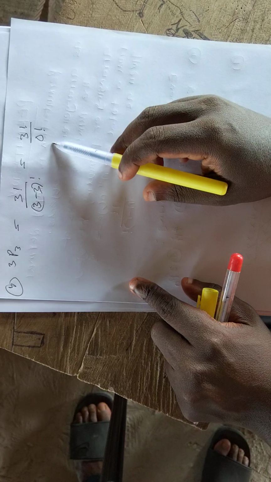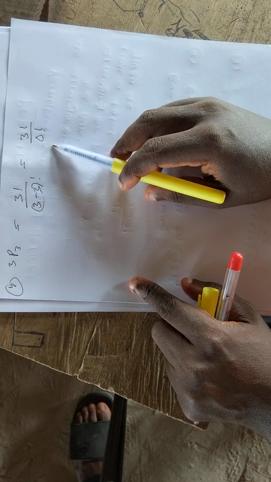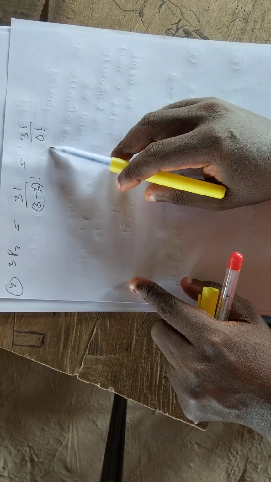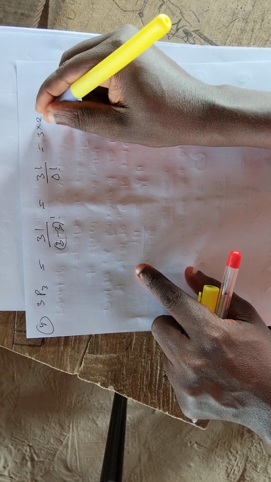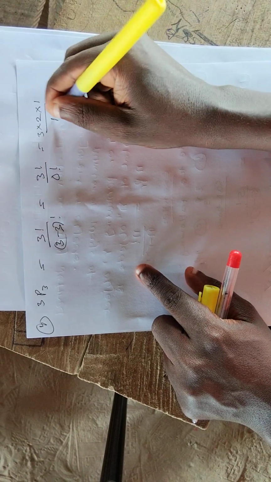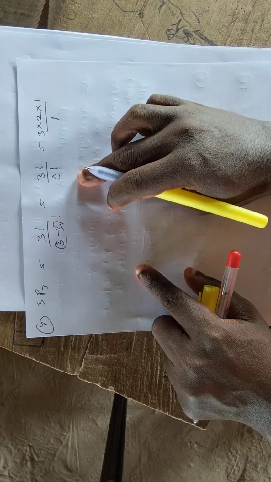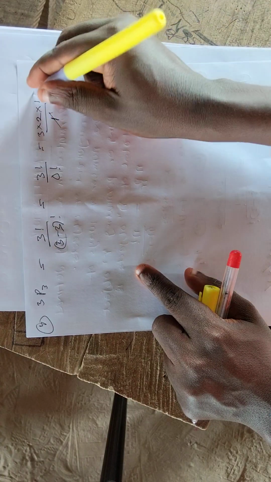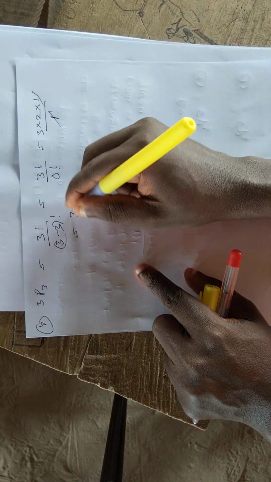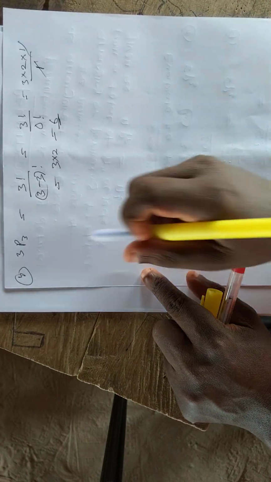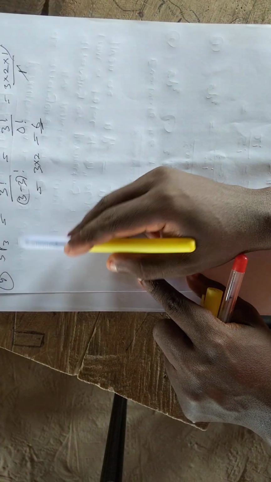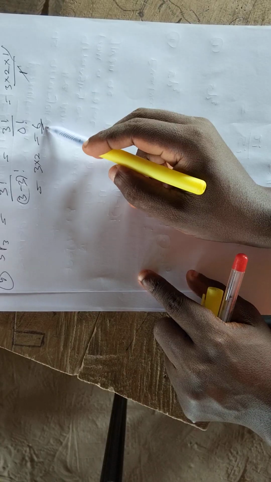Please take note, 0 factorial is equal to 1. So here is 3 times 2 times 1 over 1. So 1 cancels 1, and we are left with 3 times 2, which equals 6. So it means 3 permutation 3 is equal to 6.